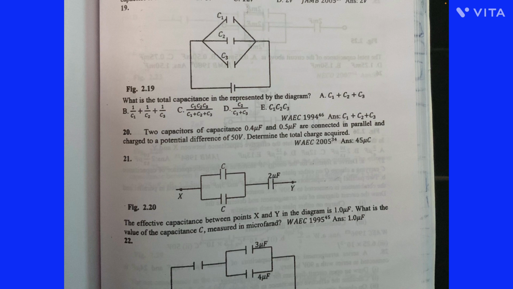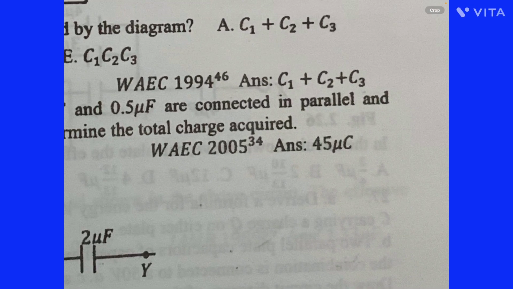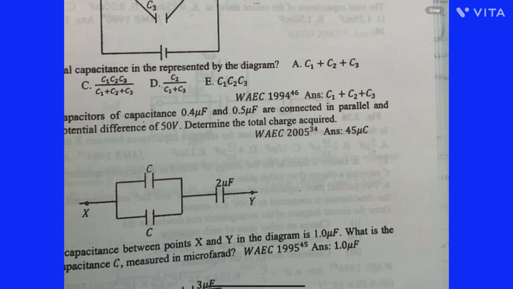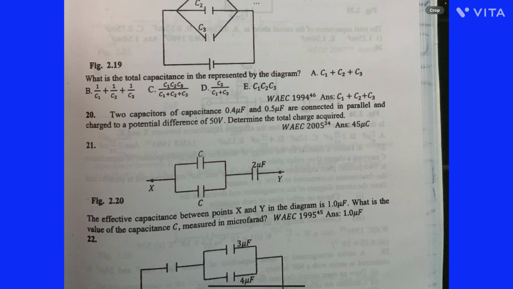They are connected in parallel and charged to a 50 volt PD source. Determine the total charge acquired.